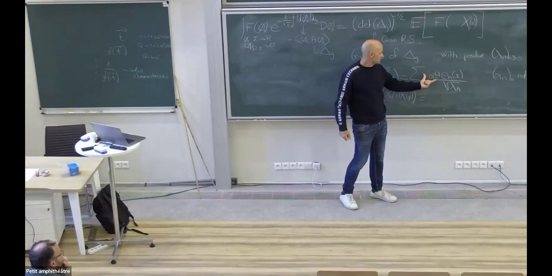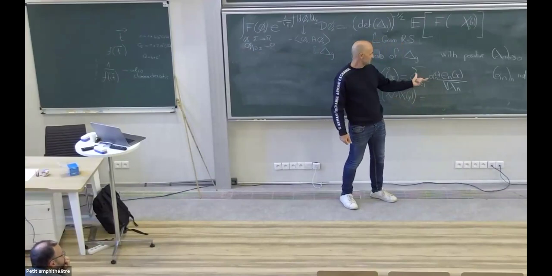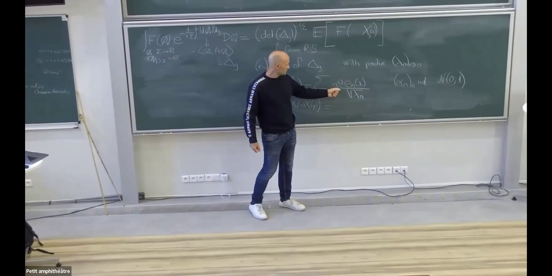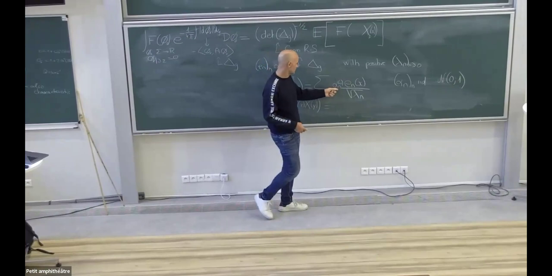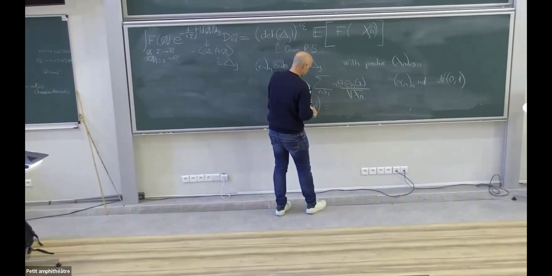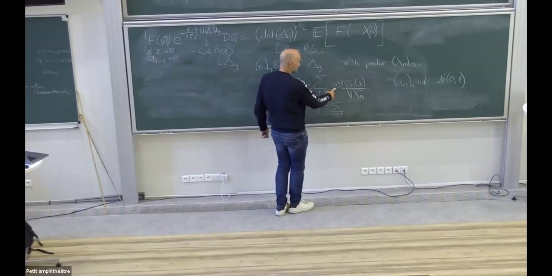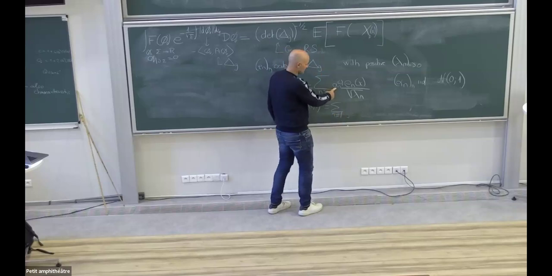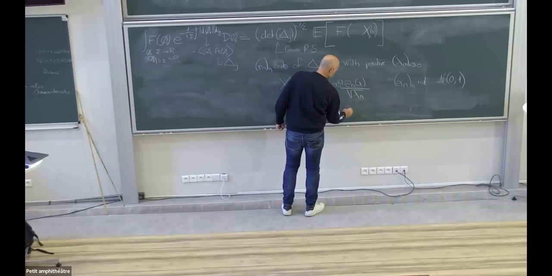If you compute this expectation, you take a double sum, and you have an expectation of alpha n, alpha m. It's null if n is different from m. So you're just left with the sum of the expectation of alpha n squared, which is 1, and then you have just the deterministic term divided by lambda n.